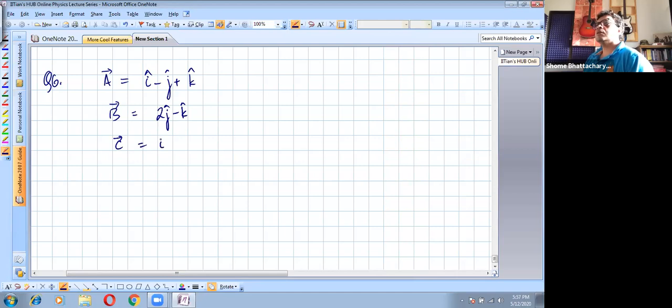Were these the values? Okay. Can somebody just tell me what they were? E was how much? E was I plus J plus 2.